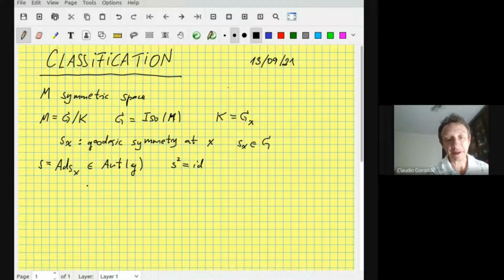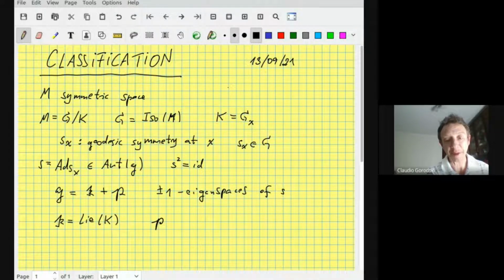And therefore, we can take the K and P, plus and minus 1 eigenspaces of S, right? And so it's easy to check that K is going to be exactly the Lie algebra of the isotropy group, and P can be identified with the tangent space at the base point, right?